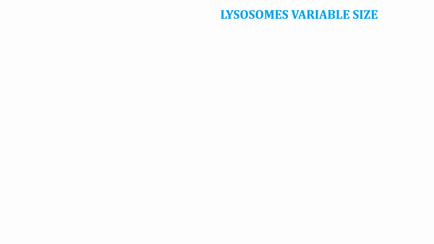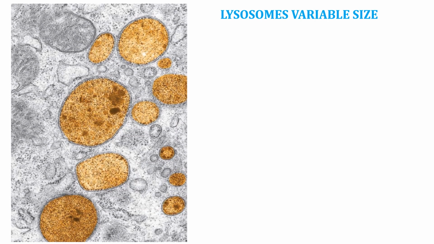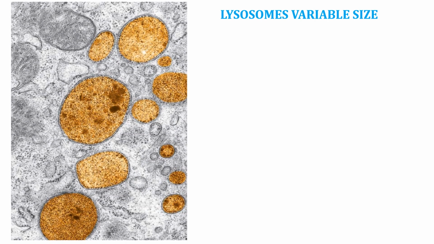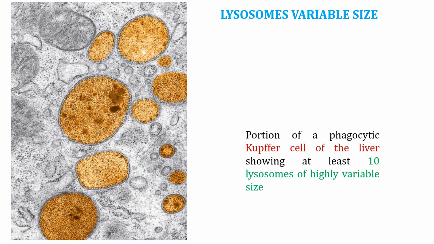Lysosomes are of variable size. You can see in this picture Kupffer cells of the liver showing at least 10 different lysosomes of highly variable size. For example, this is the largest, then the two smallest, then the next smallest, 3, 4, 5, total 10, showing considerable variation in size and shape.